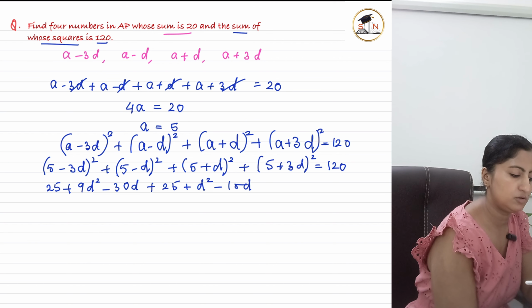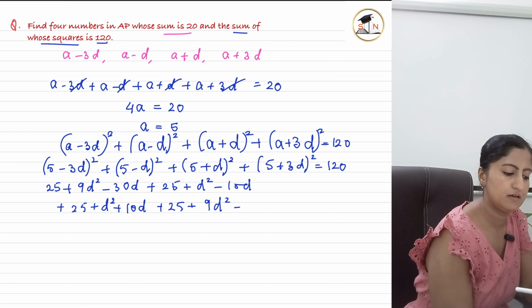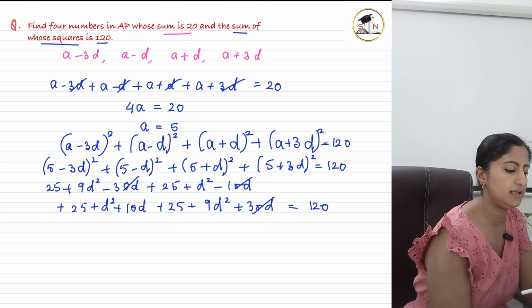I am adding underneath over here: 25 plus D square plus 10D plus 25 plus 9D square plus 30D. And this is 120. Now, we can see that 30D and 30D are getting cancelled. 10D and 10D are getting cancelled.